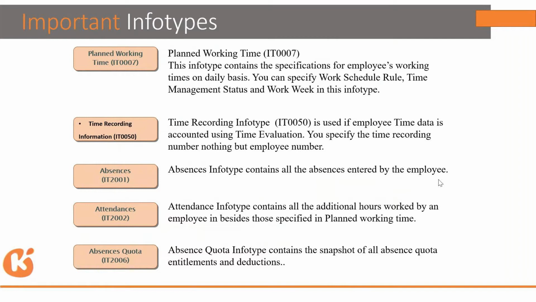And next, absence quota. Absence quota is nothing but what is needed to apply for an absence. An employee should have a quota balance to apply for leave. That will be recorded in info type 2006.